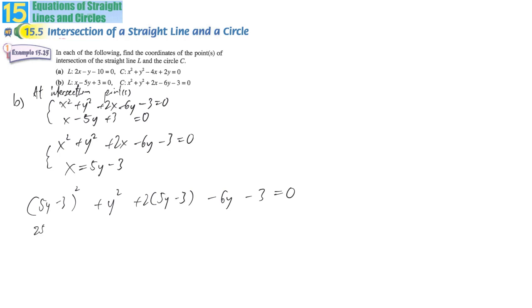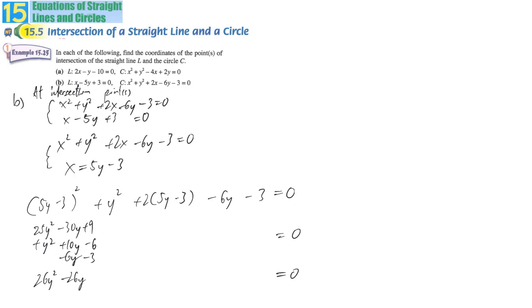Therefore, we have 25y squared minus 30y plus 9. And then we have plus y squared. This term we have 10y minus 6, positive 10y, negative 6. We have negative 6y, negative 3 equal to 0. 26y squared minus 26y plus 0 equal to 0.